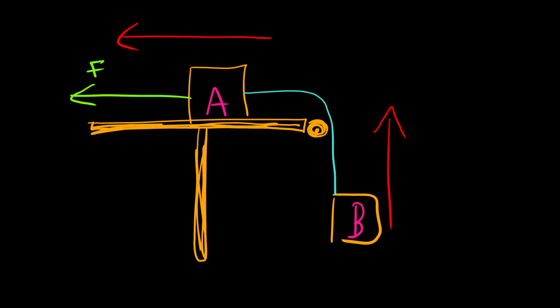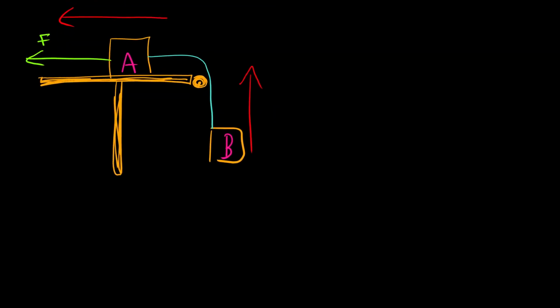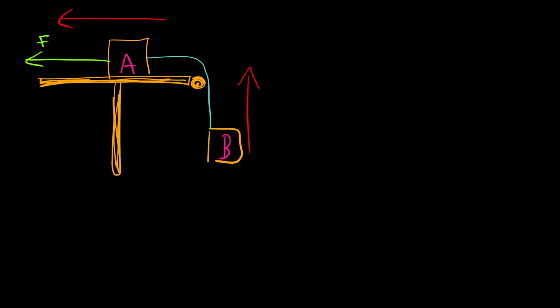Our next example, we have two objects, one hanging and the other one on top of a surface, and there's a force applied to the left. The system is moving to the left, referring to block A, and referring to block B, it's moving upward. So what is the free body diagram?